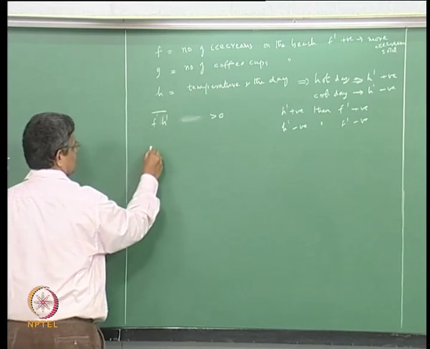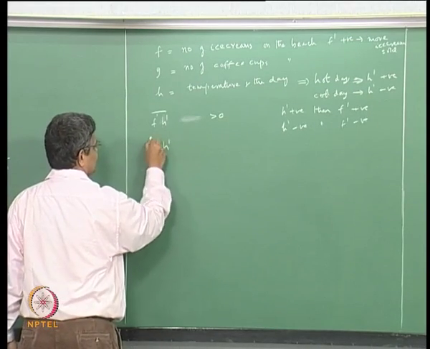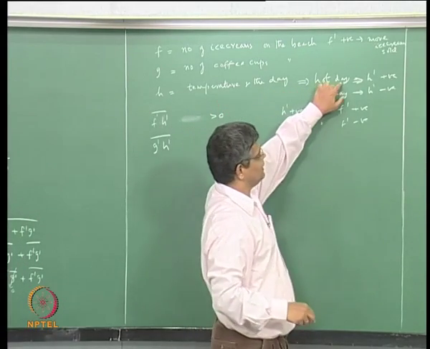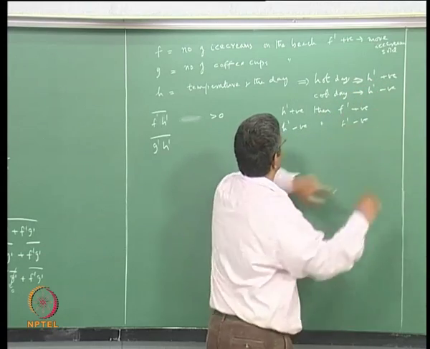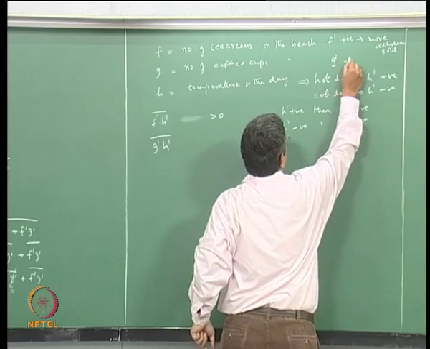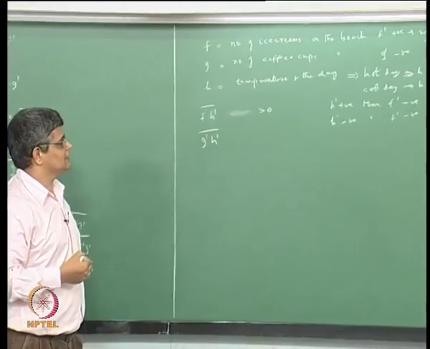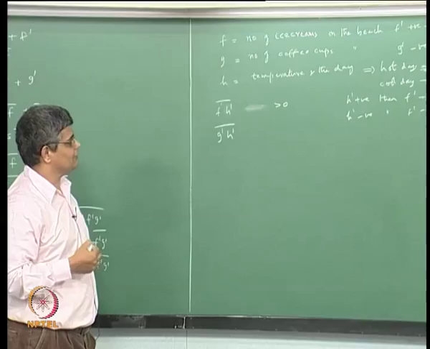Similarly, if you look at g prime and h prime, by the same token, on a hot day, that is when h prime is positive, g prime is going to be negative because we will have fewer coffee cups sold on that day.